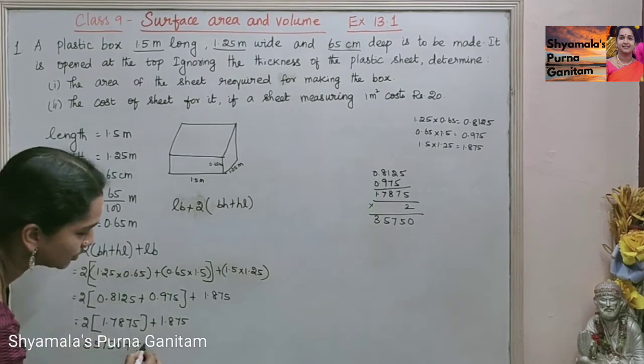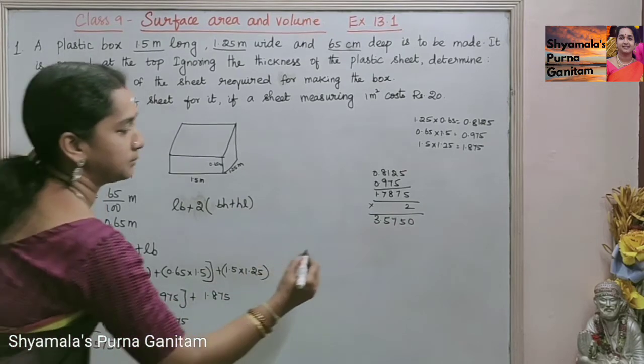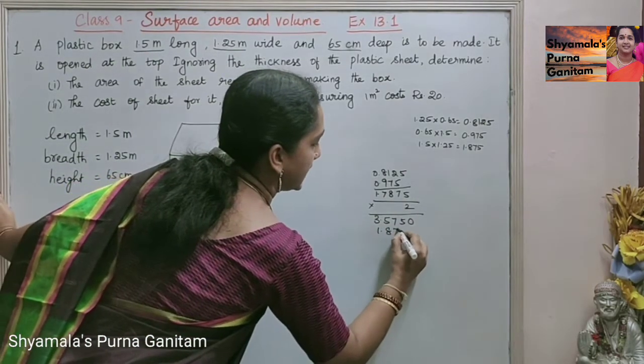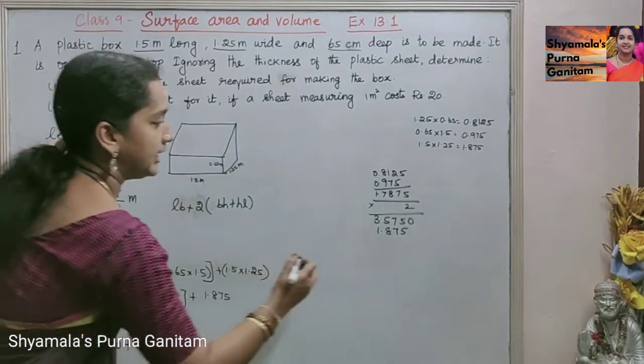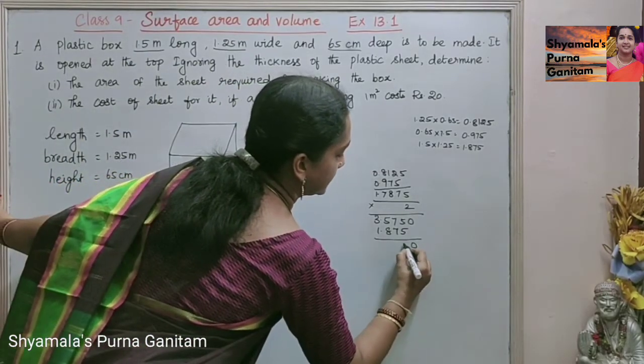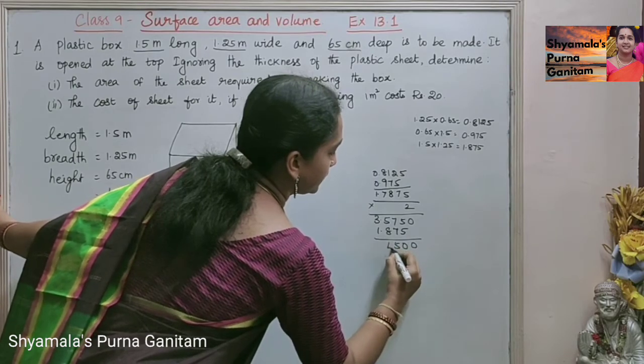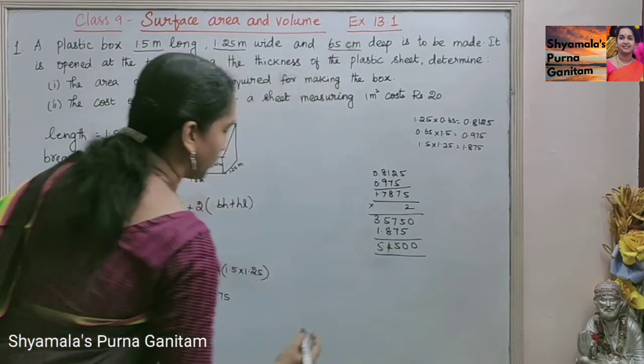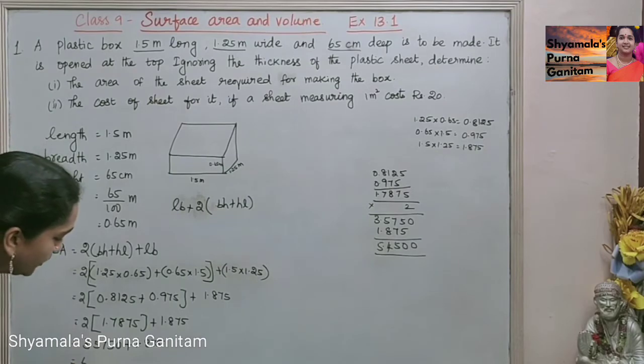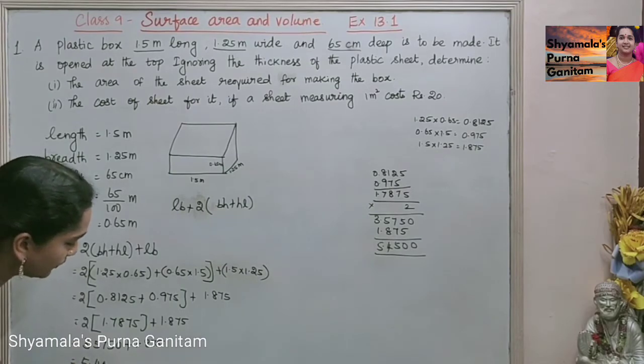3.5750 plus 1.875, when I add this, I will get 5.45.